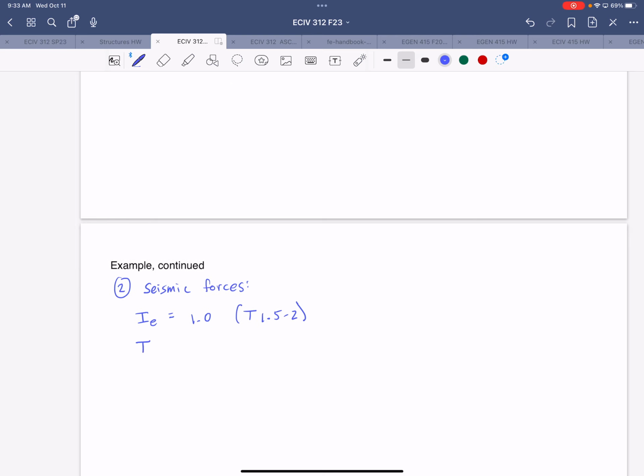And then we'll note what our approximate natural period is. So we're going to use the TA equation that the ELF allows us to use.